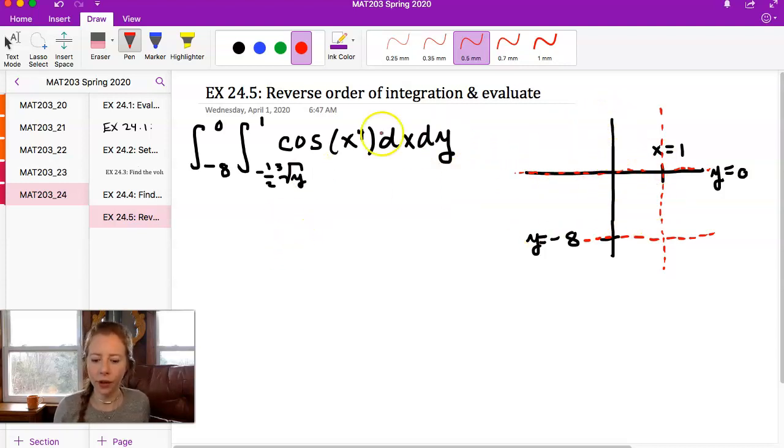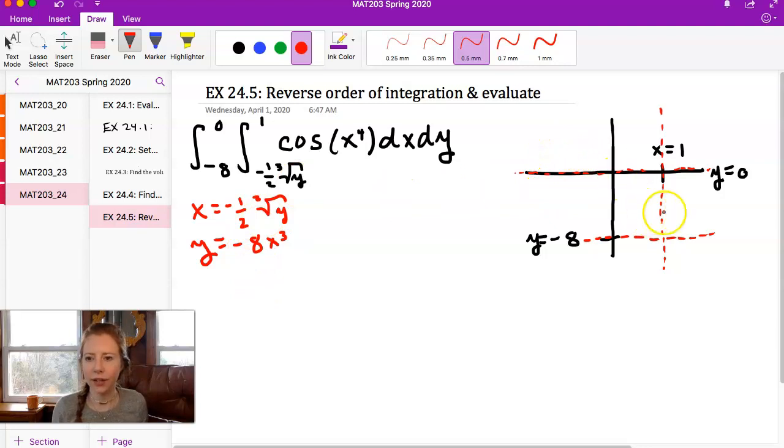However, our lower limit for X is equal to -1/2 times the cube root of Y. A way that we can write that that would be much friendlier to our eyes is that Y is equal to -8x cubed, just solving for Y. And so that's going to look something like this.